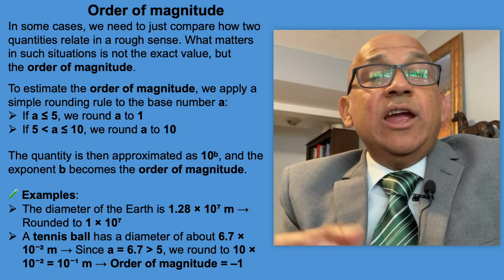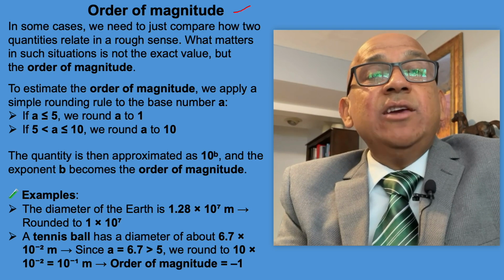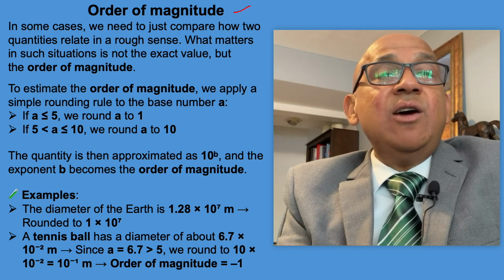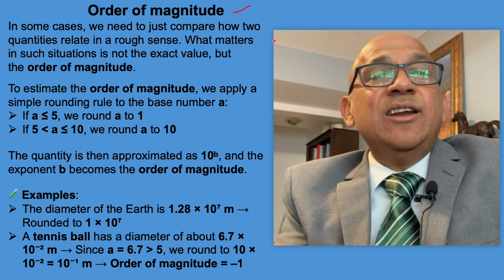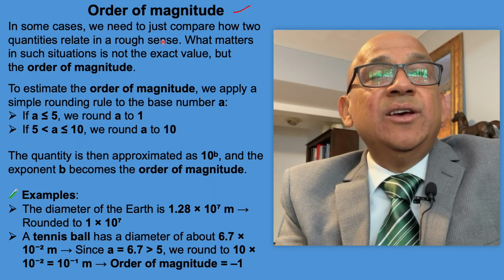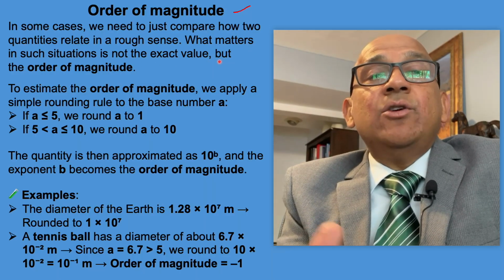Another quantity I would like to introduce at this point is the order of magnitude. In some cases, we need to just compare how two quantities relate in a rough sense. We don't want exact numbers, just a rough idea of how they compare. What matters in such a situation is not the exact value, but the order of magnitude.